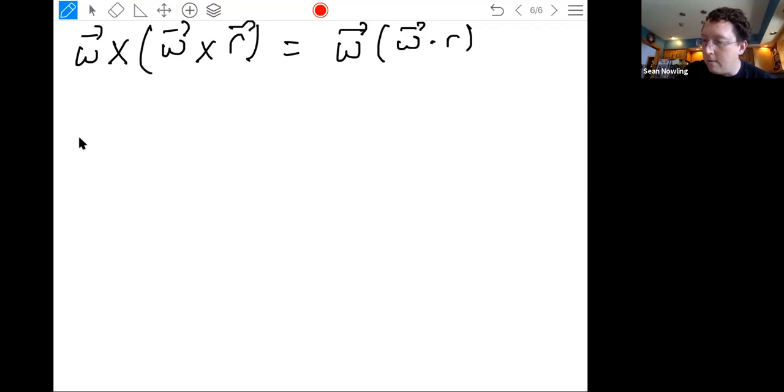I have omega dot R vector minus R times omega dot omega. Some people write omega squared. Okay, so where would that come from? Okay, so this one's a little tricky to think about.